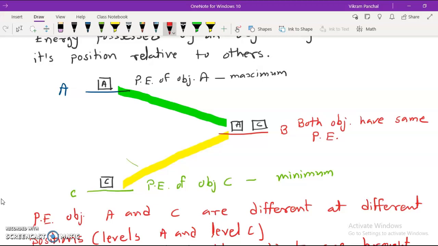Because level B is higher than level C. So this way, how these objects are brought from different levels to a certain level is not at all related to the potential energy of these two objects at a particular level. So when both objects are at level B, we can say that both objects are having the same energy because the level is the same. That is why.